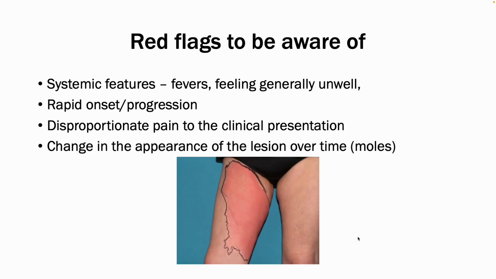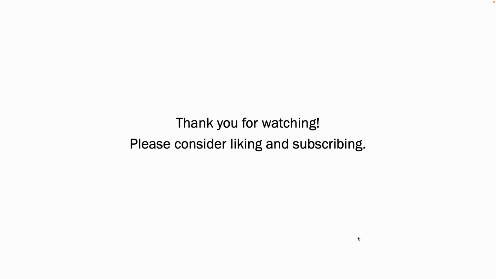Lastly, changes in the appearance of the lesion over time, so things such as moles, are important to think of. It can indicate things such as malignant melanoma, and therefore it is important to take a thorough history from the patient and see how and if they have observed any changes to any of the lesions on their body, as they will know best. That was a brief overview of different ways to describe the lesion.